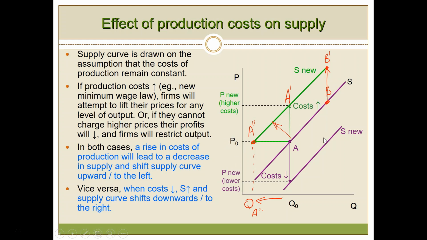This will be true for every single point on the supply curve, which means that our purple line will shift lower, or will simply expand production because it's more profitable for us. Our costs are lower. We can keep prices the same and expand production and earn higher profit. In any case, supply curve will shift downwards and to the right. This is the most important thing to understand, the effect of changing costs on the supply.